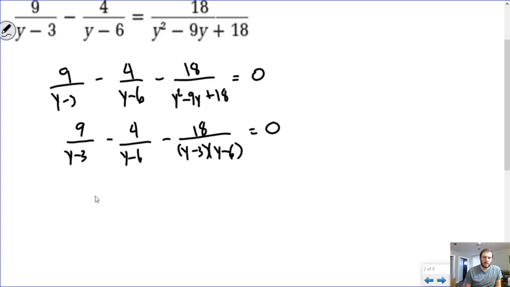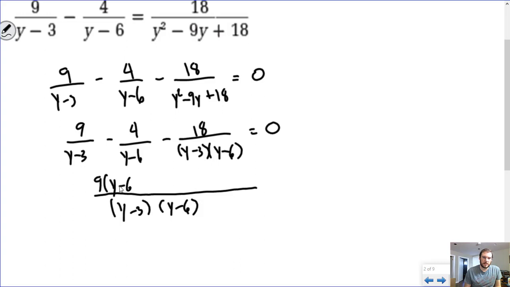So now my common denominator here is going to be y minus 3, y minus 6, where this one already has the y minus 3, so the 9 needs to get multiplied by the one that's missing, the y minus 6, minus the 4 over y minus 6 already has the y minus 6, so the 4 needs to get multiplied by the y minus 3.